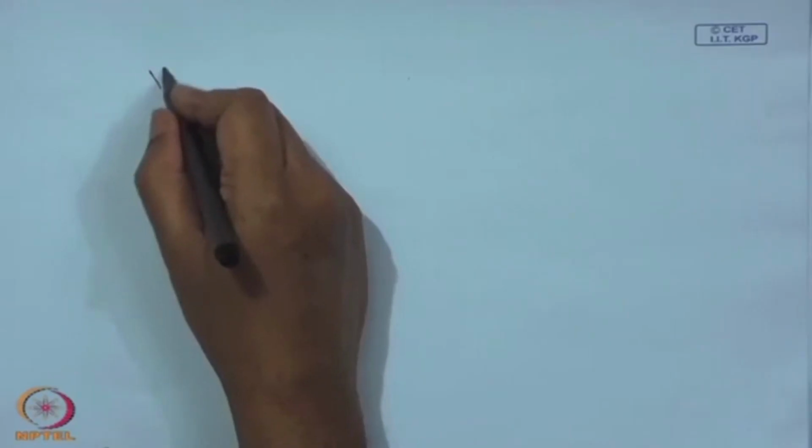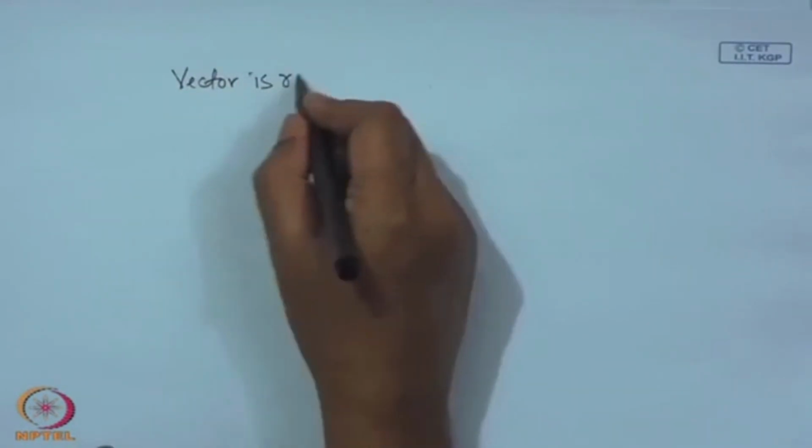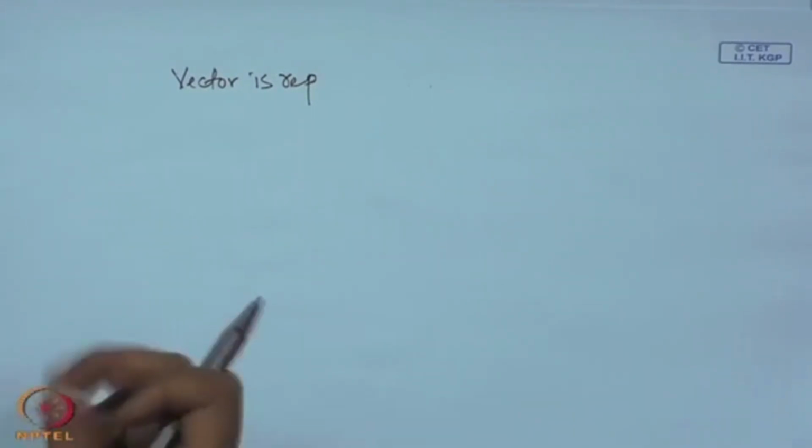In your vector mechanics, you used an arrow over the letter. Here, we will be using a subscript i.